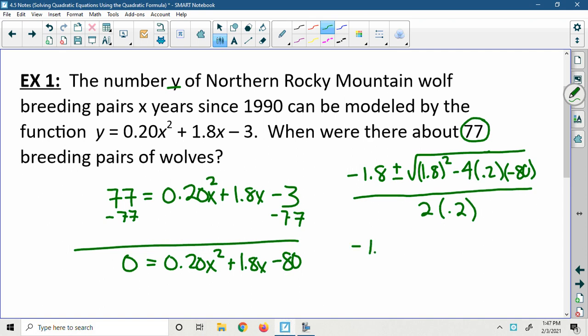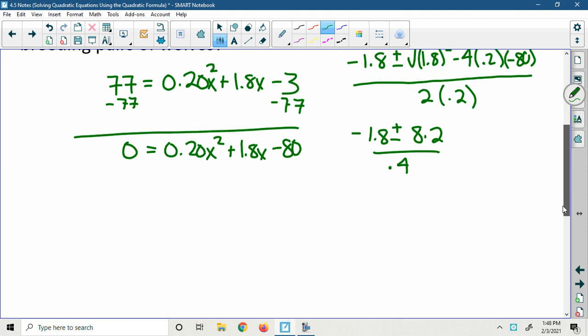When I plugged all the square root part into the calculator, I got about 8.2 over 0.4 on the bottom. So my two answers were x equals 16 and x equals negative 25.